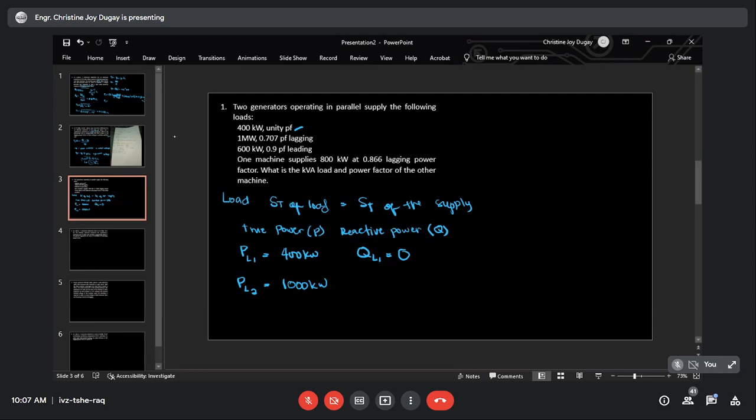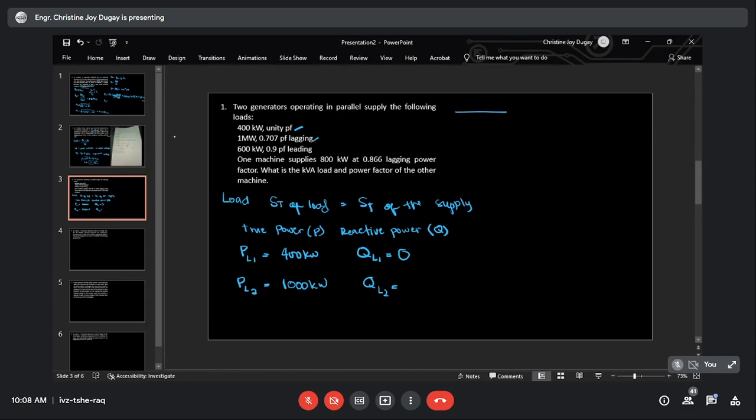Okay, how about naman si Q load 2 natin? Using the power factor, which is 0.707, lagging power factor. So anong value ngayon ni Q load 2 natin? 1,037, ma'am. Okay, so saan galing yun?